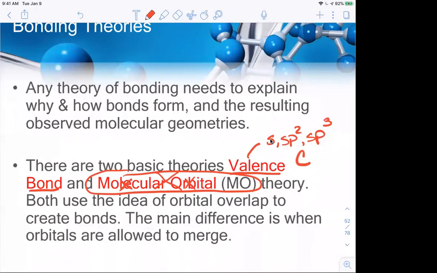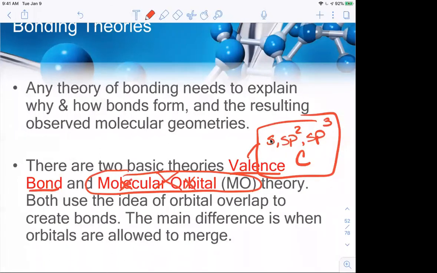If you've taken Chem 121, General Chemistry 1, you have studied both of these basic bonding theories. If you've taken 100 or 101 or 110 in order to fulfill the prerequisite, you haven't had either of these. So it's a little bit harder at the beginning because you have to at least wrap your head around these guys and how they relate to carbon.